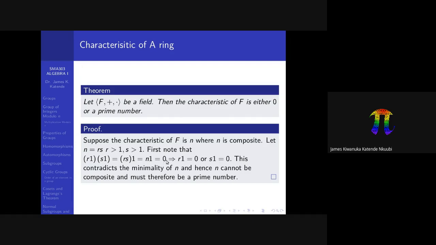And you're getting 0. The only way that can happen is if one of these is 0, because we are working in an integral domain. So because of that, it means we are able to find a smaller number r that works, right? For 1.